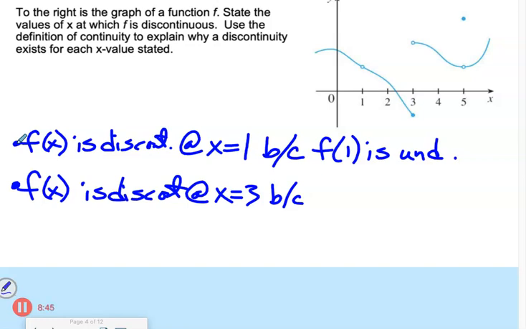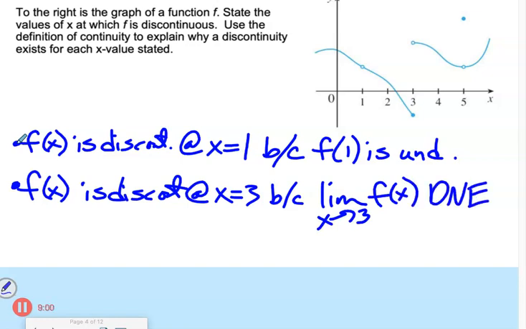No. Why not? Not the same for both sides, right? Okay, so that's your reason. You would say because the limit as x approaches 3 of f of x does not exist. Now, if you want to be like a superstar, you would justify why the limit doesn't exist.